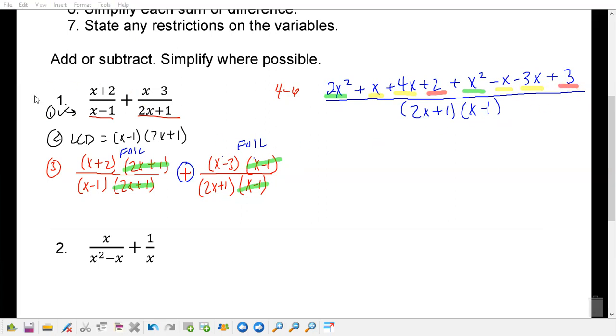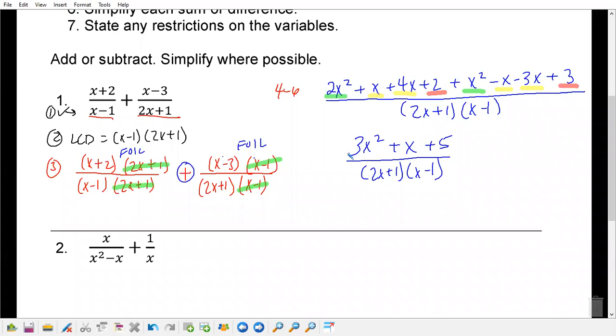So we're going to combine all like terms. 2x squared and 1x squared gives me 3x squared. 1x plus 4x is 5x, minus 1x is 4x, minus 3x is 1x. And then we have 2 and 3, which make 5, all over 2x plus 1 times x minus 1.